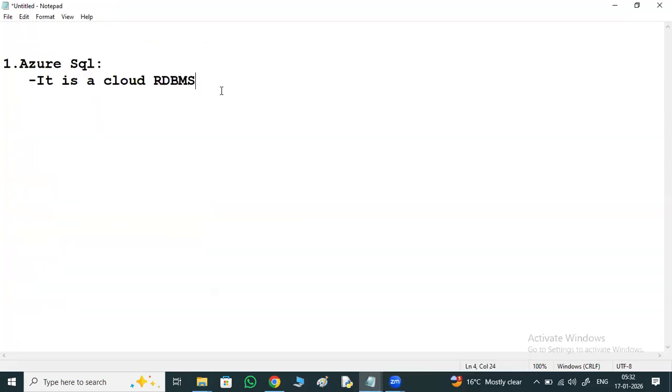Azure SQL is a cloud RDBMS database of Microsoft in Azure. It is for OLTP operations.